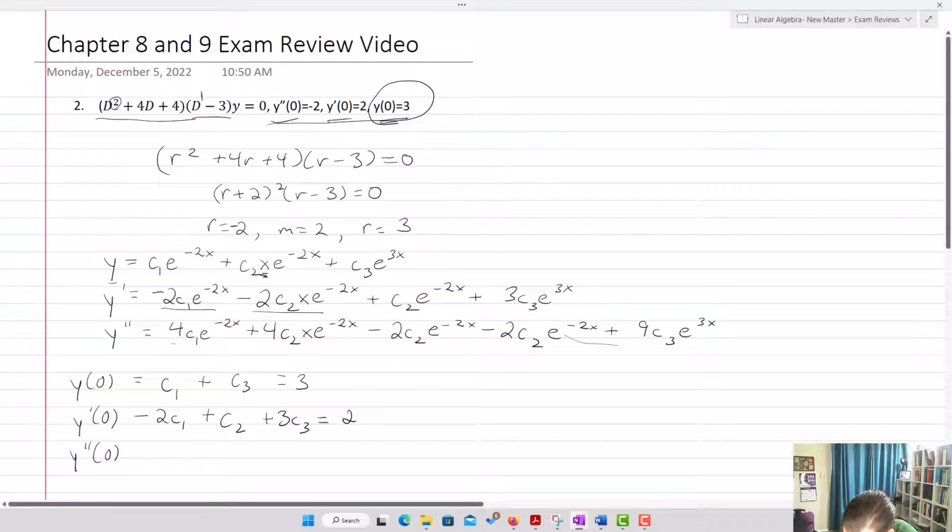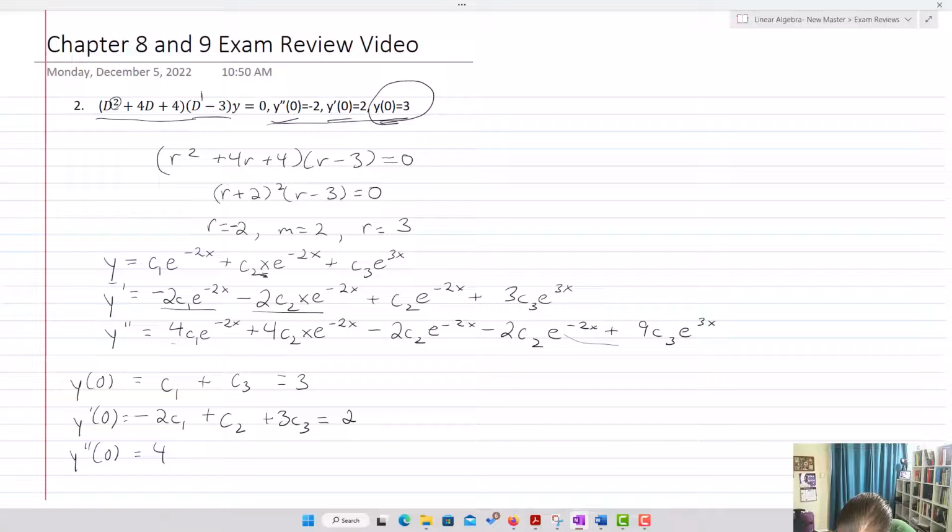This is going to give me 4c1, and then this will zero out. And then minus 2c2 minus 2c2 plus 9c3, which is 4c1 minus 4c2 plus 9c3, and that's going to equal negative 2.